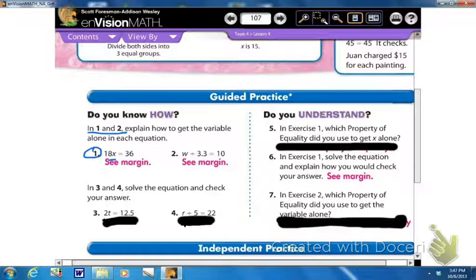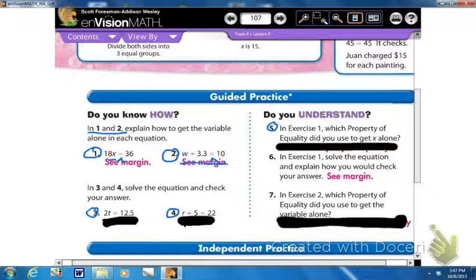Write your equation and then write down what you would do. Number 2, do the same thing. Write your equation. Write what you are going to do to get w alone. And remember, you have to do it to both sides. And then for 3 and 4, they want you to go ahead and solve the equation for your variable t in number 3 and r in number 4.